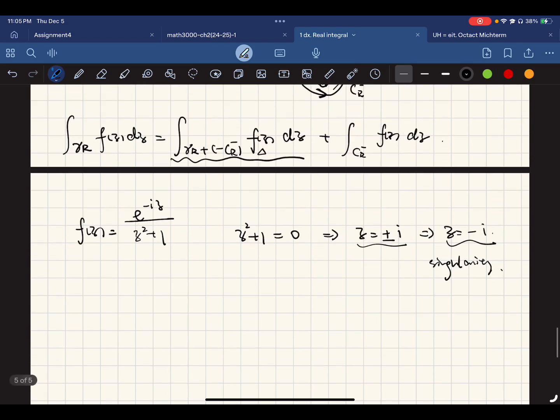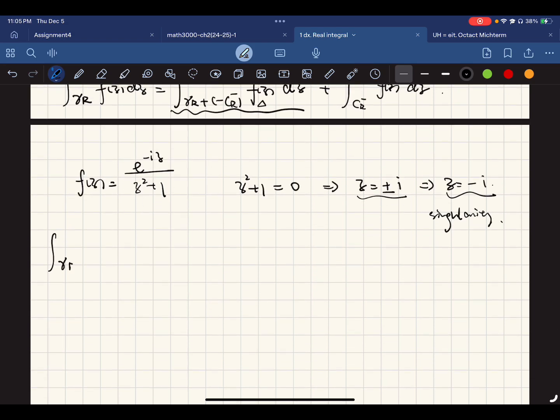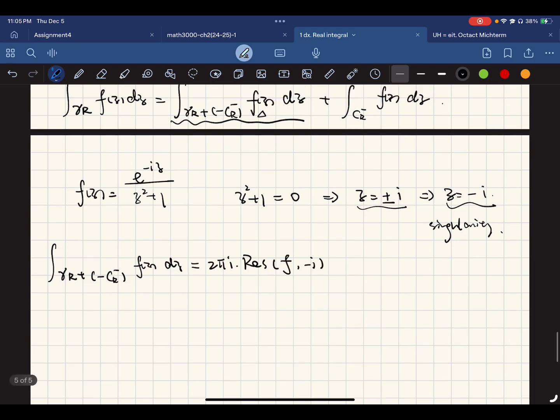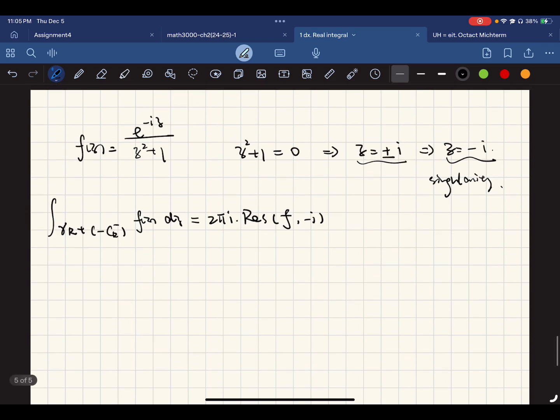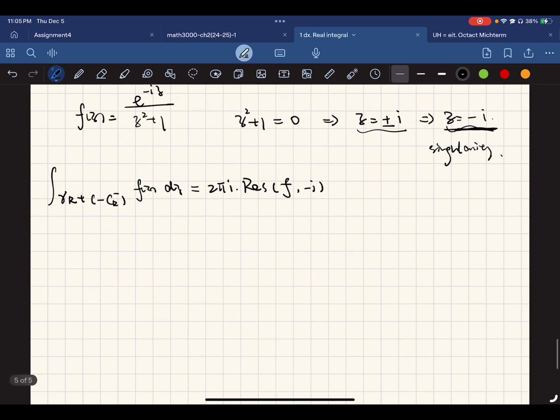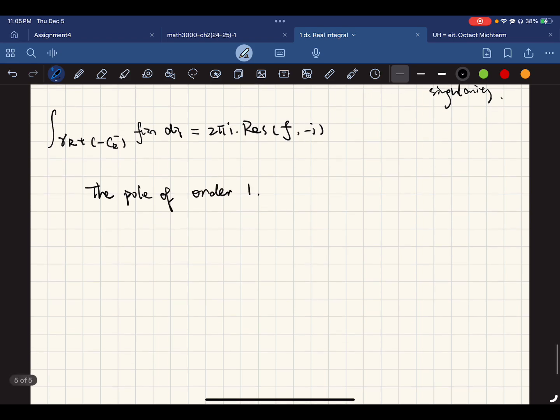By the residue theorem, this closed contour integral will become 2 pi i times the residue of f at negative i, isn't it? And we found that it should be a pole of order 1.